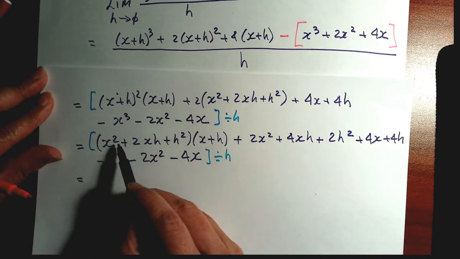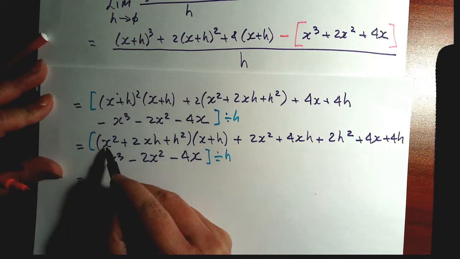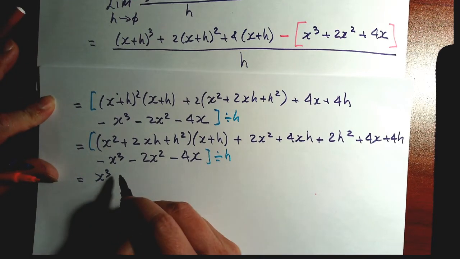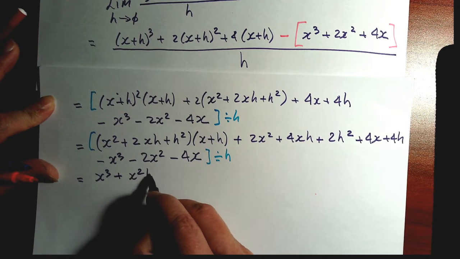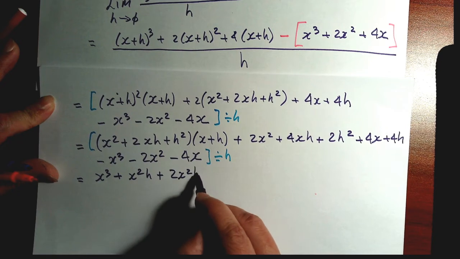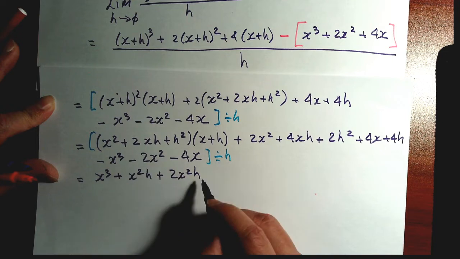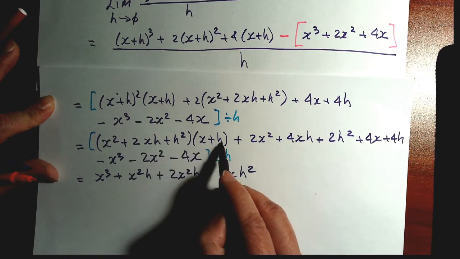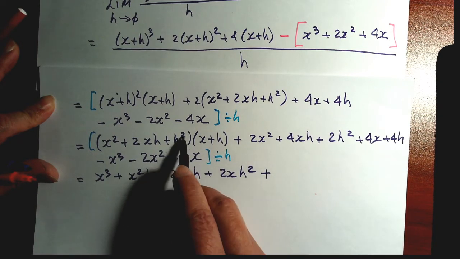Next line, let's further expand out this expression. So I get x squared times x, which is x cubed, plus x squared times h, which is x squared h, plus 2xh times x, which is 2x squared h, plus 2xh squared, plus h squared x.